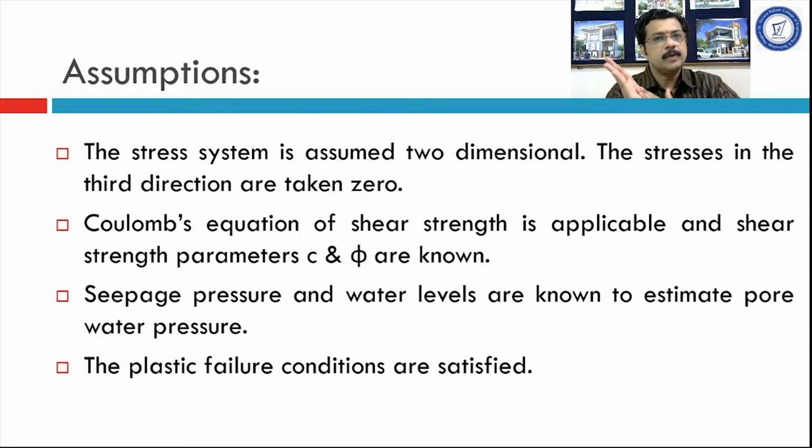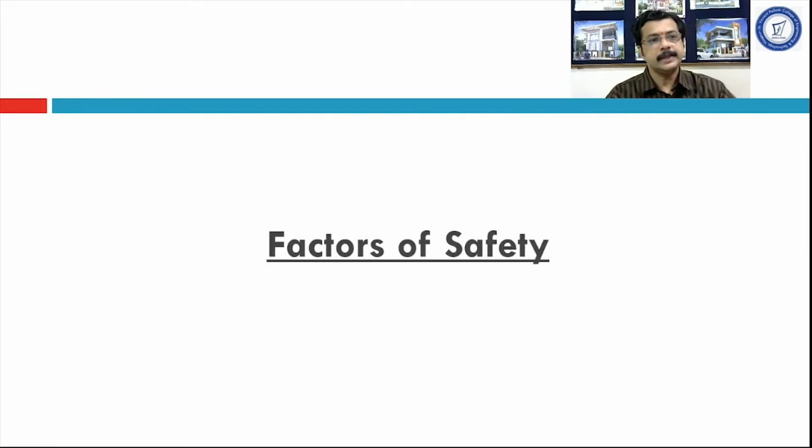So this failure is known as plastic failure. The plastic failure condition being satisfied means this slope has completely failed. This is the meaning of this last assumption. In this way, these are the four assumptions on the basis of which stability analysis methods are applied. Okay, next we will go for the factors of safety.